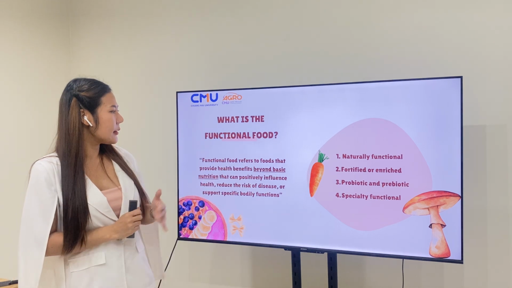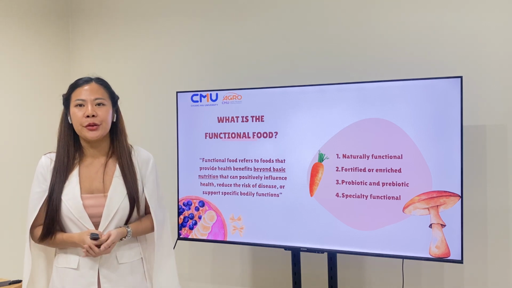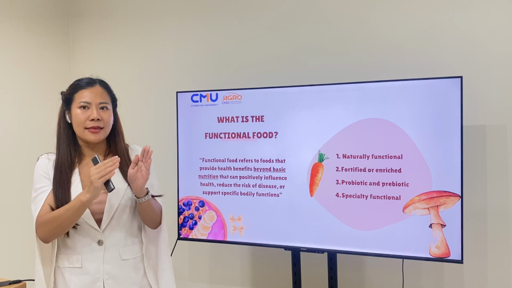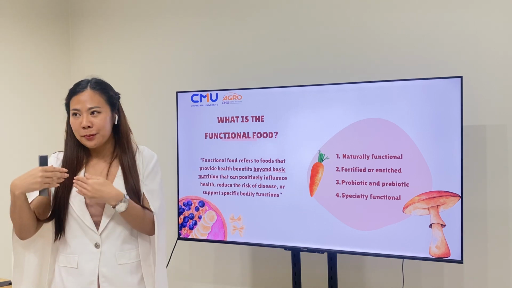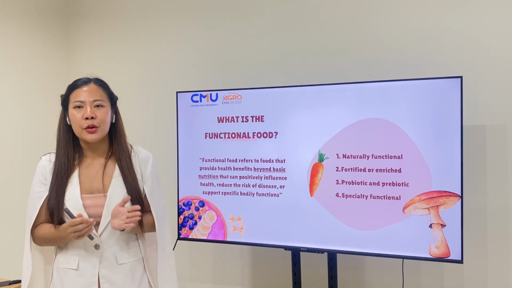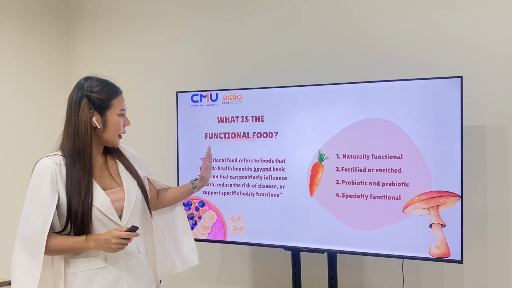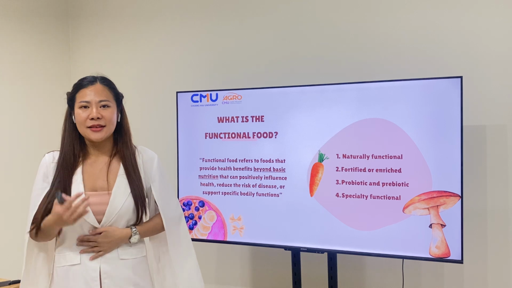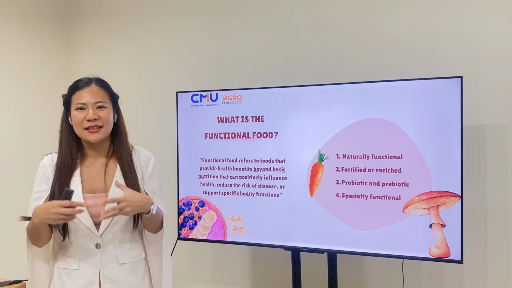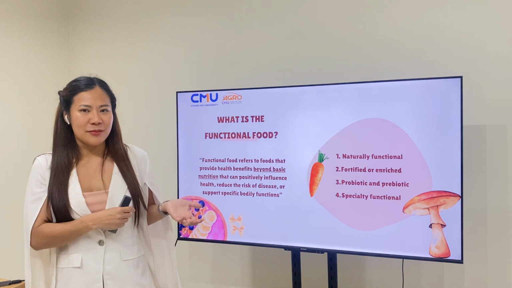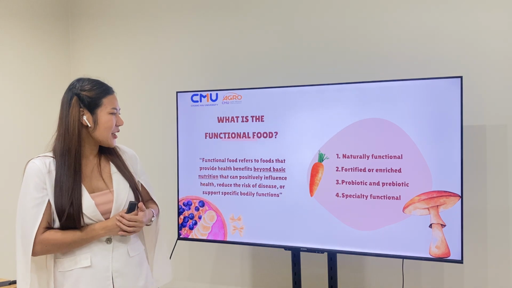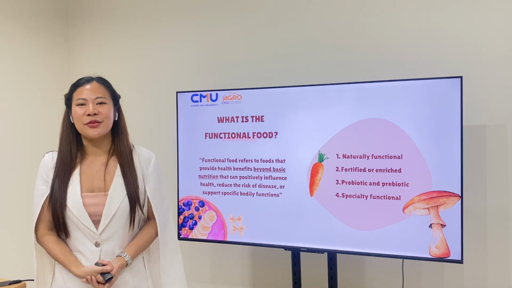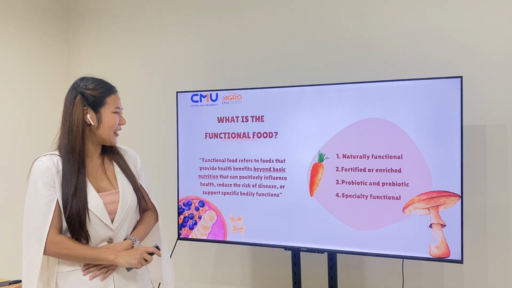The second one, the fortified or enriched food, has additional nutrients, such as vitamin D added into milk that supports bone health. The third one is probiotic and prebiotic food that contains probiotic bacteria, for example in yogurt and kimchi. Lastly, specialty functional food, such as protein isolate from plant-based protein.